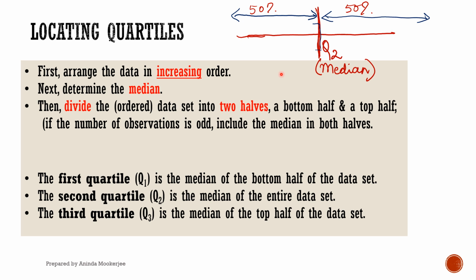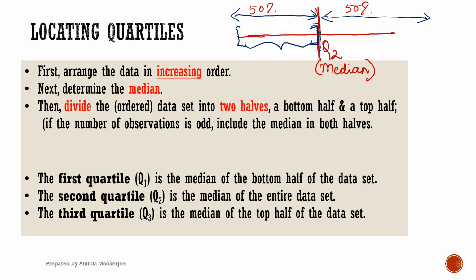And then our data set is divided into two parts, from here to this point, all right? And we find the median of just this set of data on the left hand side. So we are going to find the median of the lower half of the data.